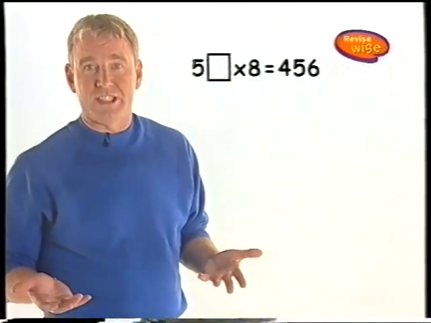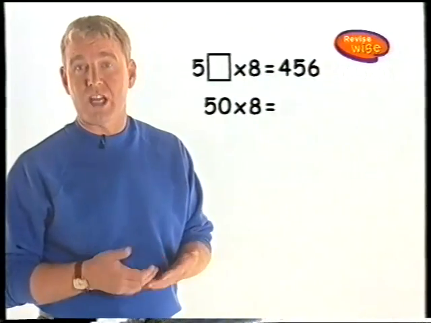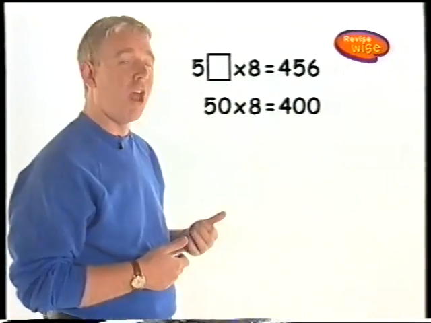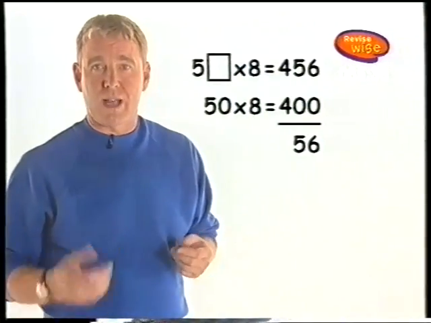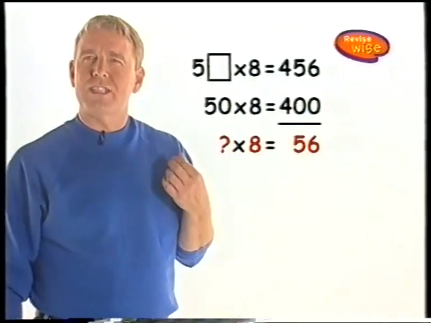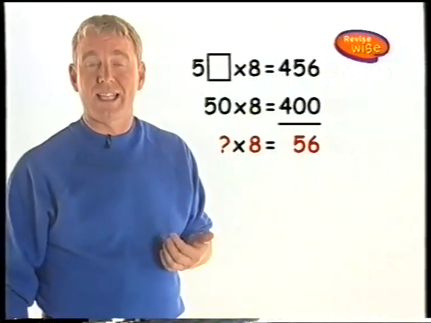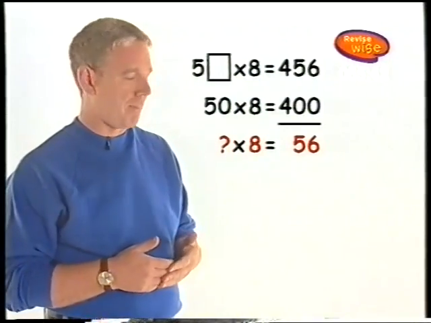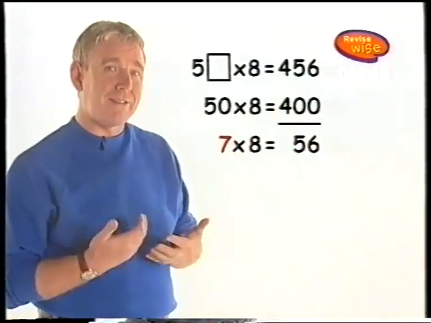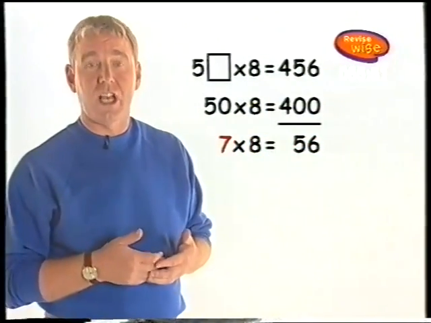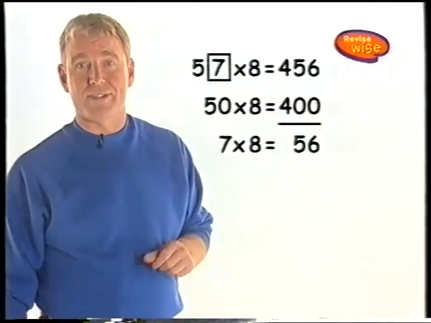Let's ignore the missing digit for now and do 50 times 8, which is 400. That leaves us 56 short of the right answer, so we look for something that multiplies by 8 to give 56. Seven times 8 is 56, so the missing digit is 7.